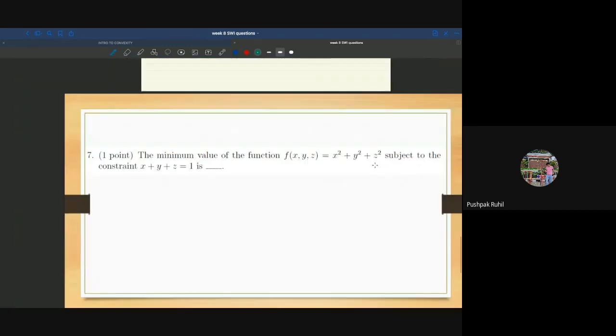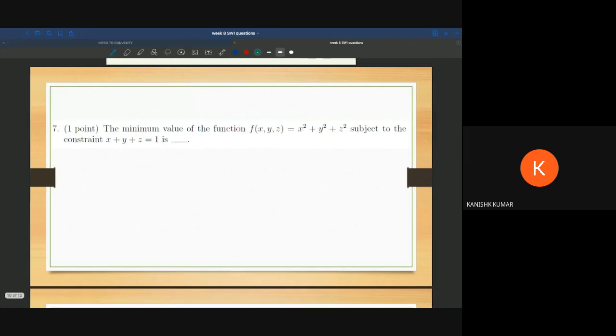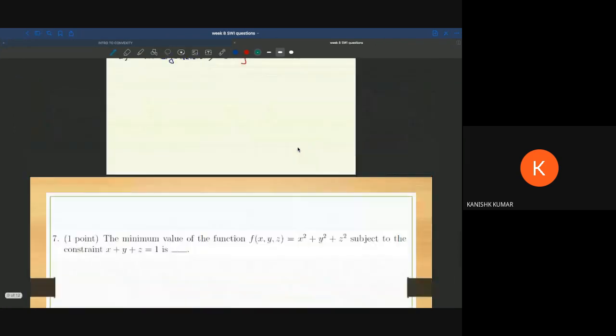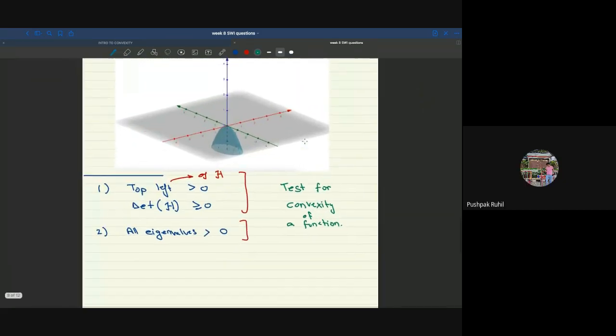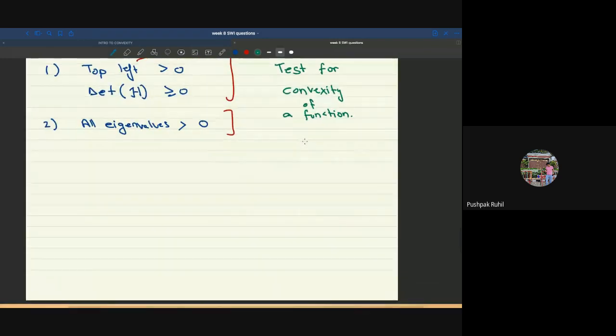All right. What if we have a single variable? Then we should check the second derivative test. It should be greater than 0. Yes, the second derivative test. If it is more than 0, then you get the minima point, so it would be a convex function.